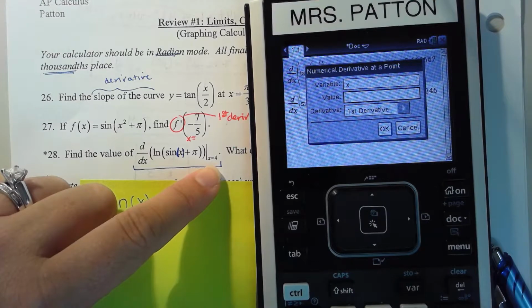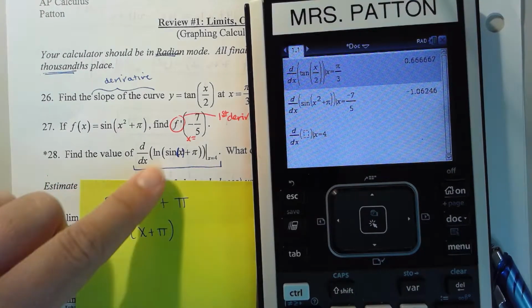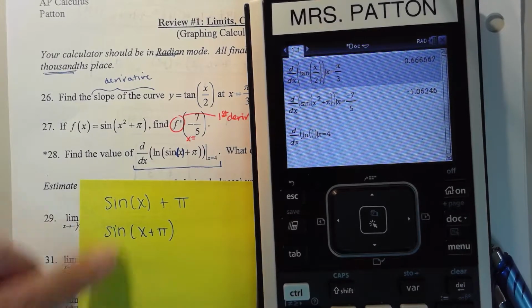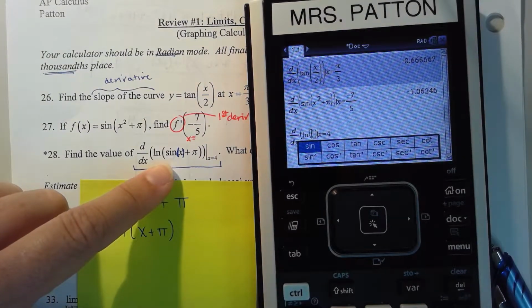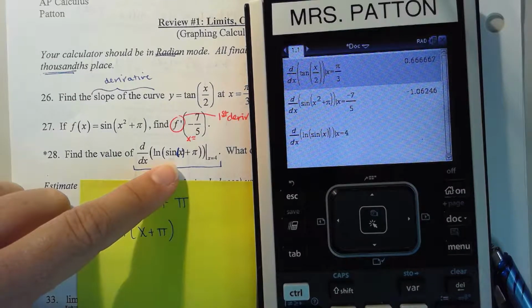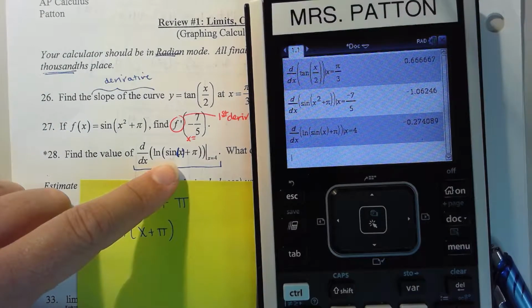All right, so now we're on track. And now we're going to type in what I was just talking about, which is the natural log of the sine of x, close your x, and then add your pi. Okay. And now we can hit enter, making sure, again, our calculator's in radians. And so we get -0.274.